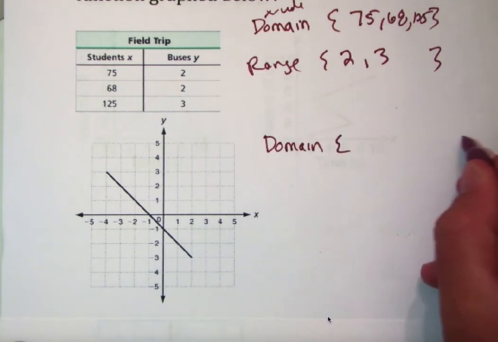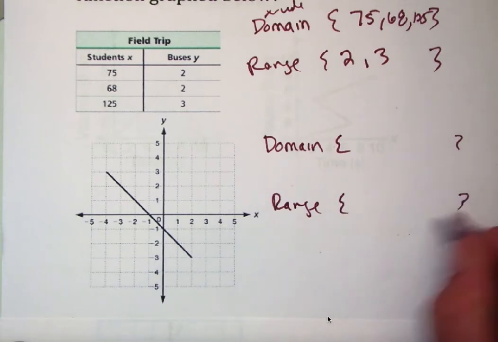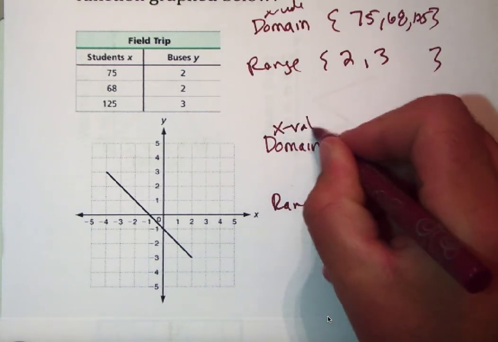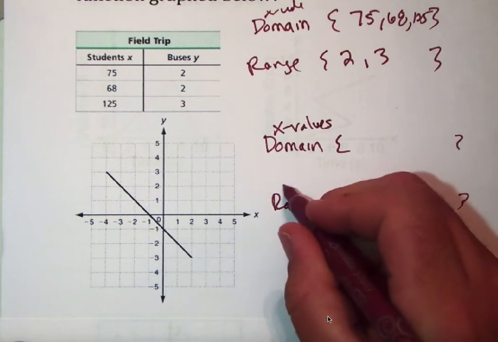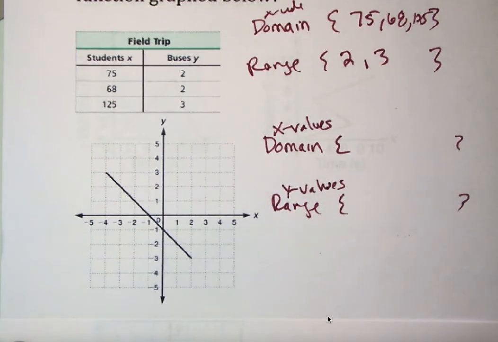Right? The domain and the range. Remembering, domain are the x values used, and the range is the y values used. So the question becomes, what is the domain?